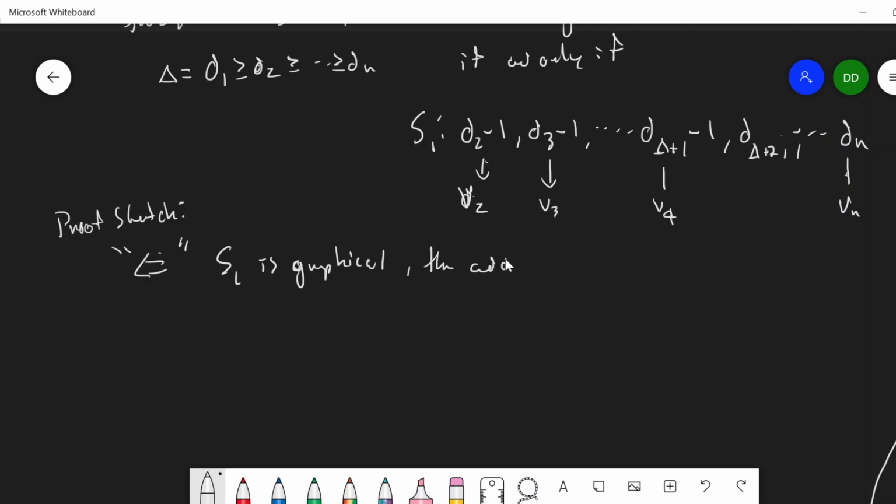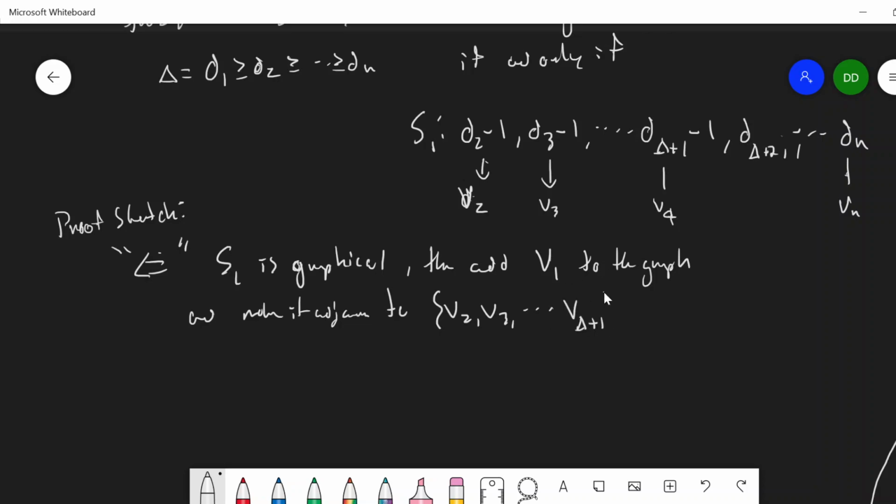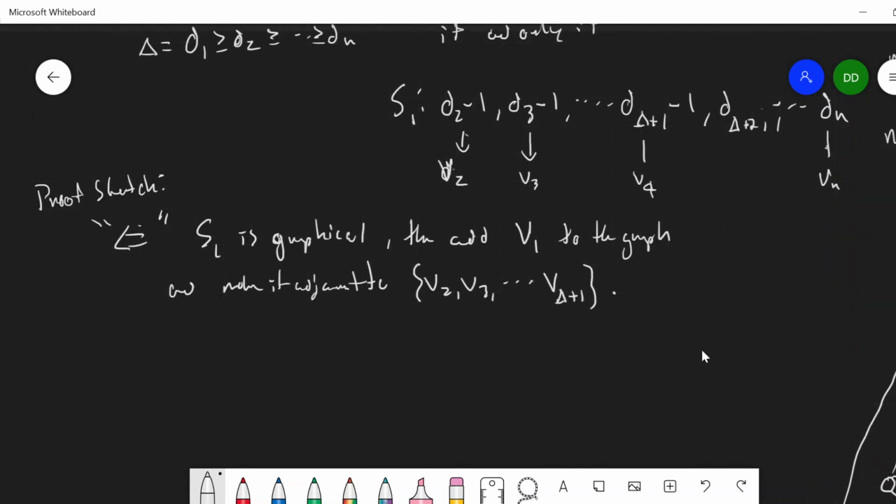Then add V1 to the graph and make it adjacent to each of these, V2, V3, up through V delta plus 1. So add in the edges to make it adjacent to these. Again, I'm just sketching this; you can read through the book for more detailed and full sentences. Make it adjacent to these.